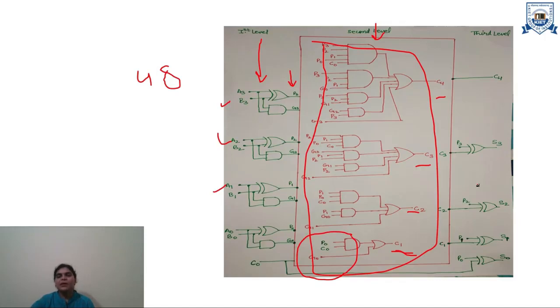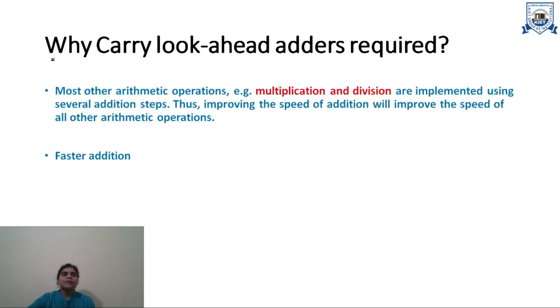So time will be reduced, but the hardware circuit will be very complex. Why are carry look-ahead adders required? Because addition is the basic operation, and it is used in various arithmetic operations such as subtraction, multiplication, division.